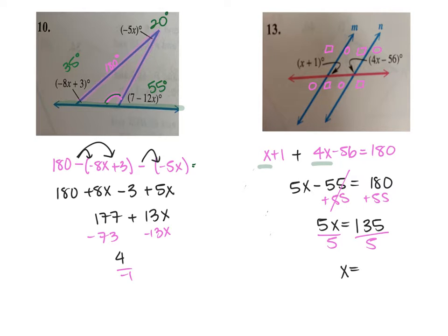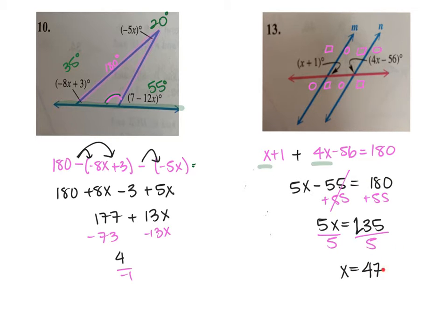Oh wait, hang on, I did not do that right. It shouldn't be 135, it should be 235. My bad. 235, and so when divided by 5, 235 divided by 5 gives you 47. And so now we would just plug these numbers in.